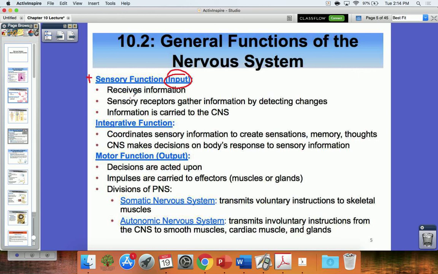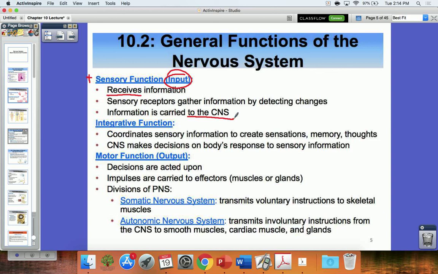So it's going to be responsible for receiving information. This could be coming from the eyes, it could be coming from the skin, it could be coming from the mouth, whatever, to receive information that something is happening or coming into the body, or to help detect any changes. So again, carried to the CNS.